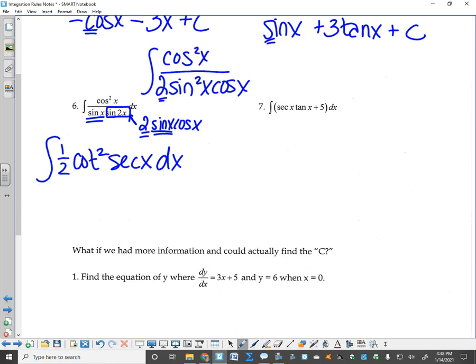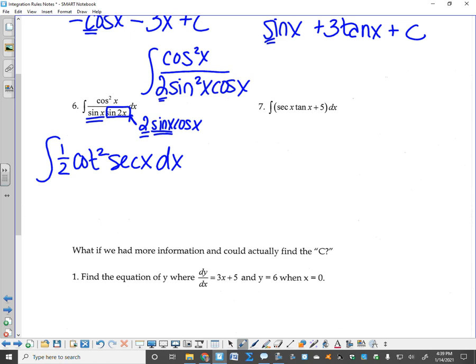Oh. Okay. All right. I see. Cotangent squared is not the result of any derivative, and neither is plain secant. Certainly cotangent squared times secant is not the result of any.